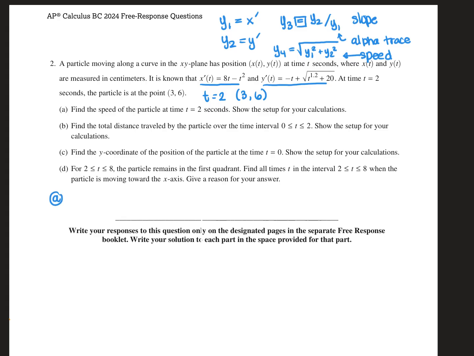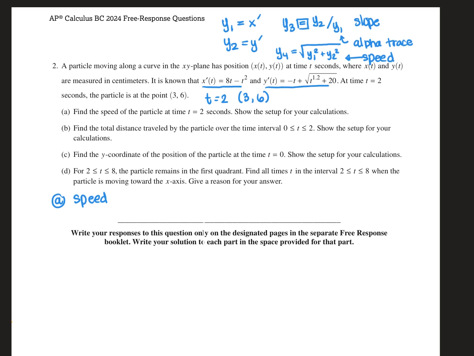So A, speed is equal to the magnitude of velocity. Okay, so AP is very, very picky about this. That is the actual speed formula in terms of t, but what we actually want to find is the speed at 2.